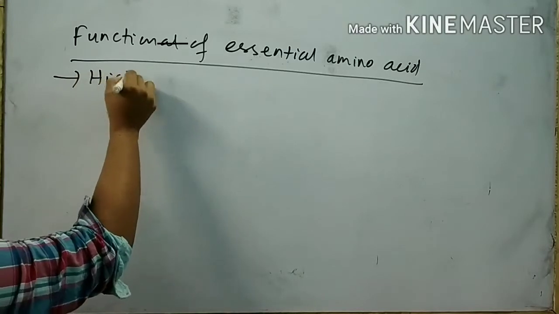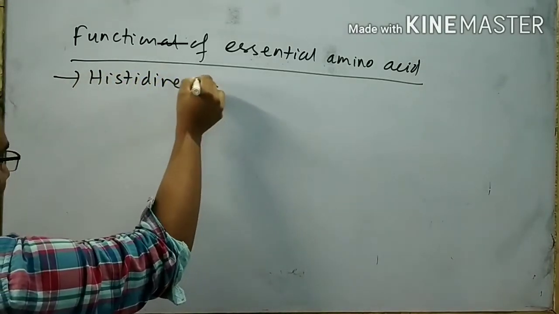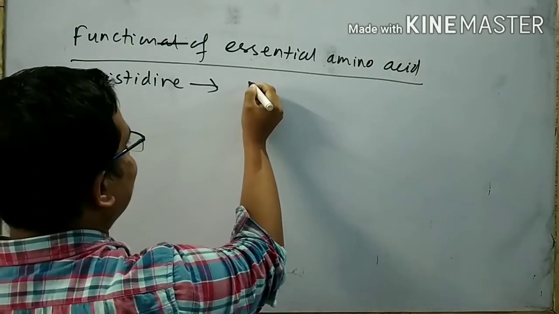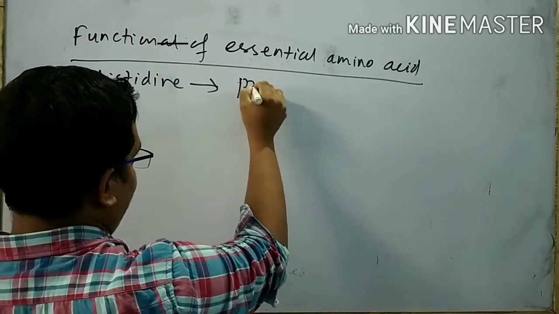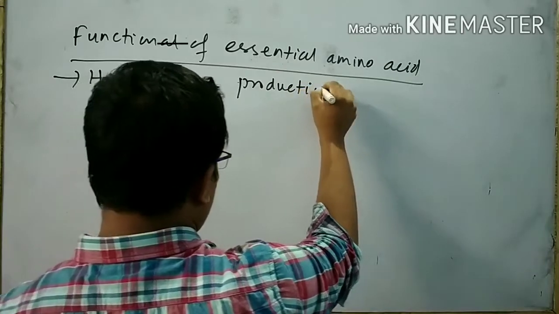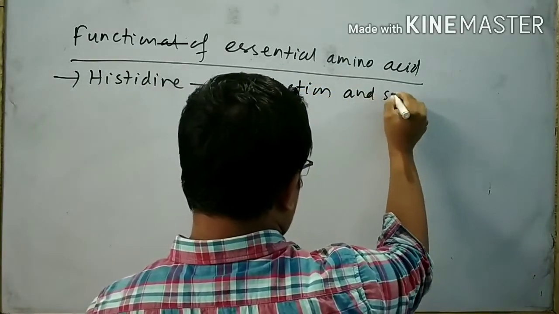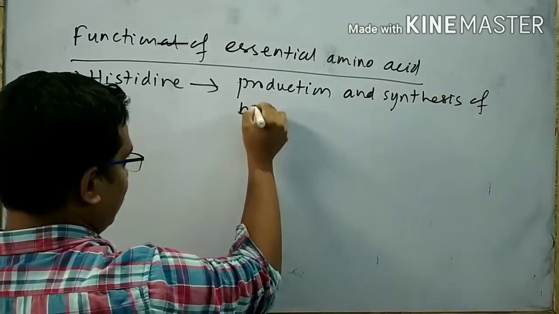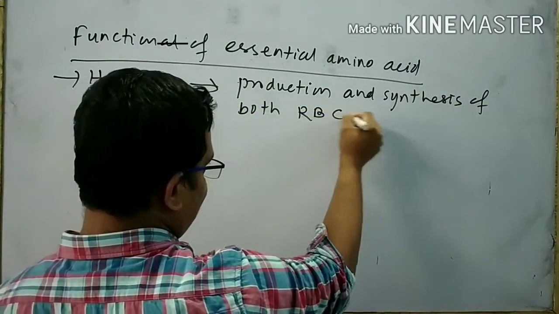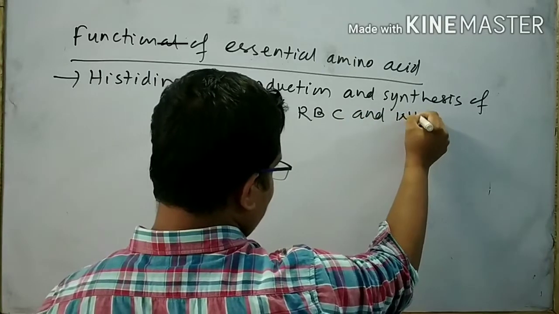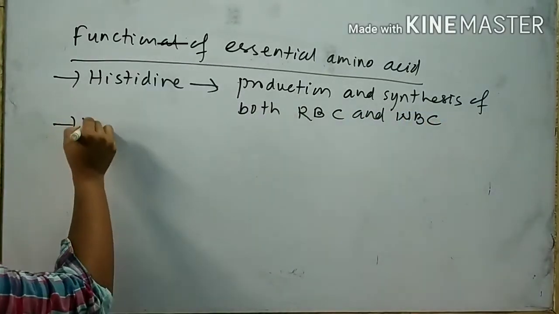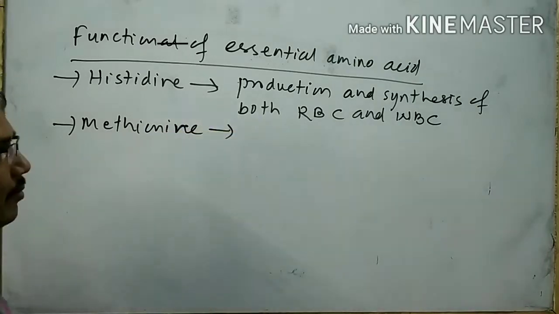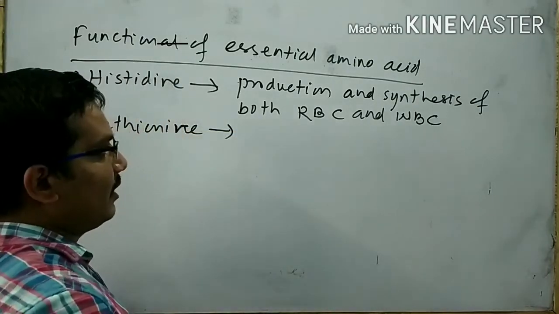Next is histidine. It is responsible for the production and synthesis of both RBC and WBC. Next is methionine. It is responsible for good and healthy skin.